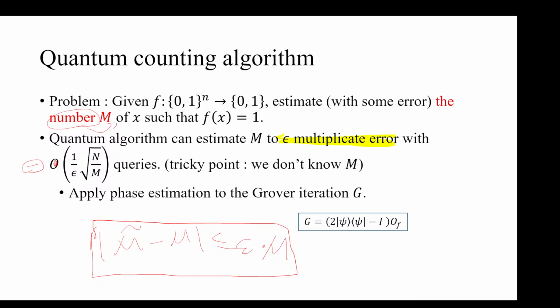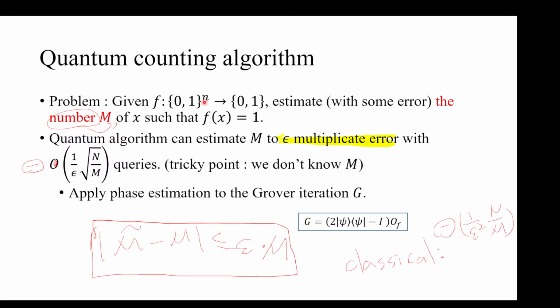Also this is a quadratic speedup, just like Grover's algorithm, over the classical algorithm. You can show by some statistical argument that classically the query complexity is theta of 1 over epsilon squared times N over n. So quantum counting also gets a quadratic speedup over classical counting.